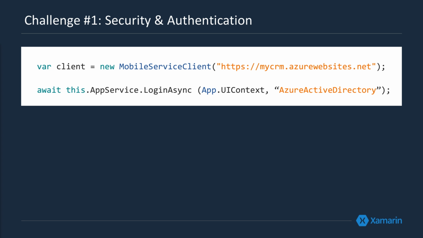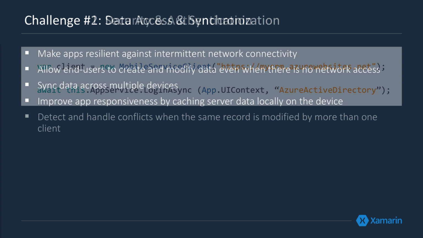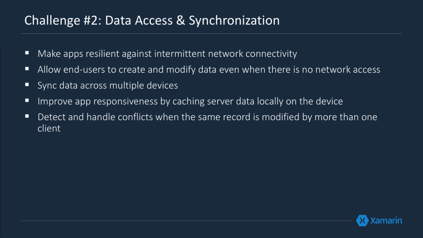Now, once we've logged in, we want to work with data. And most enterprise apps want to work with data in a way that does not rely on sometimes flimsy network connectivity. In our CRM app, Salesforce is always on the go, and they cannot assume network connectivity, and they need to be able to access sales data, add, update, and synchronize this data with the backend when connectivity is present.